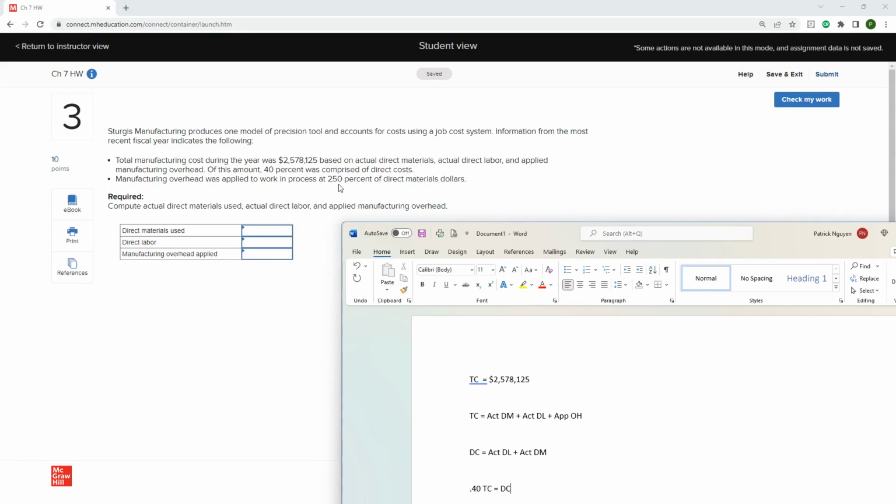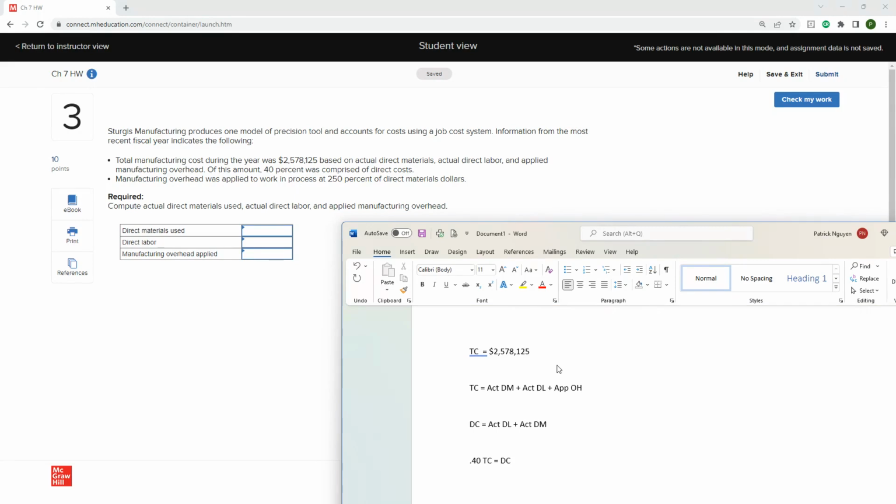Well, for direct materials, they don't give us the number of units anyway, so all we have to work with is dollars in this situation. So 250%, that's the same as saying 2.5. So 2.5 times the direct materials equals overhead, right?